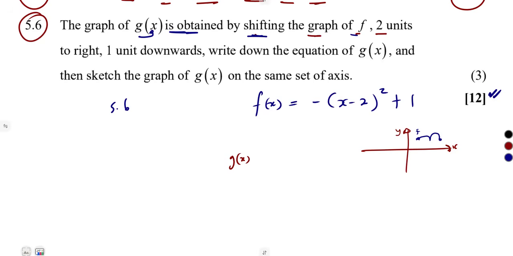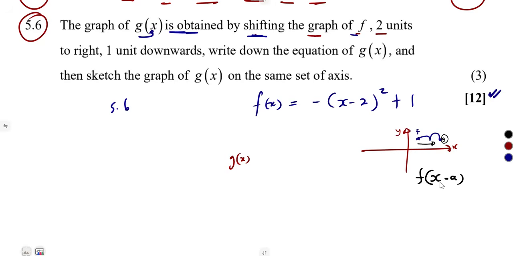Then where it is now found is on g. A transformation where we are moving 2 units to the right. How do you present that? Remember from our mathematics grade 9, this is the indication where we have got f of x minus a. It affects directly the x value.